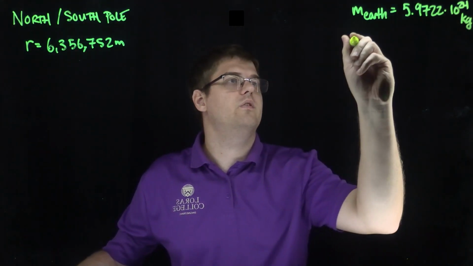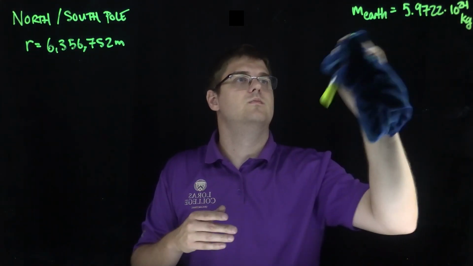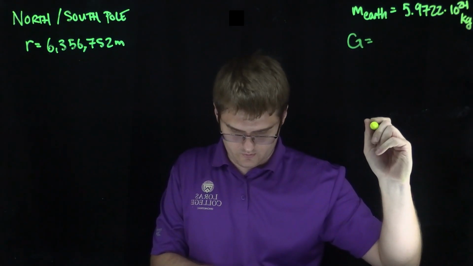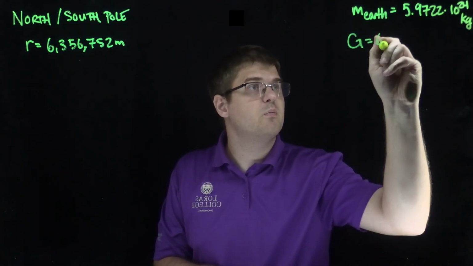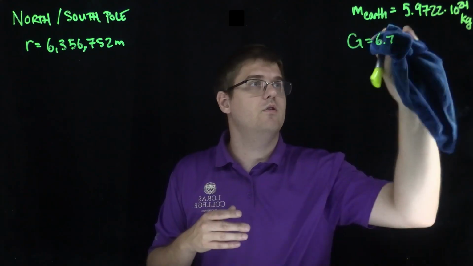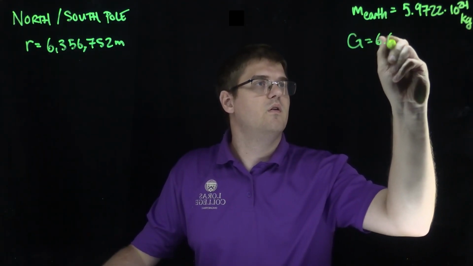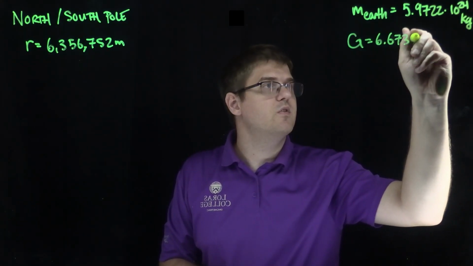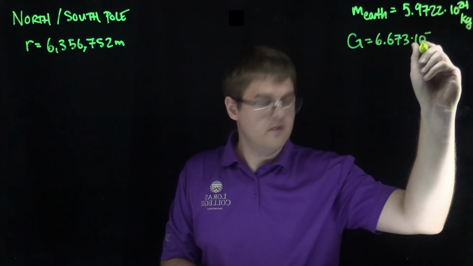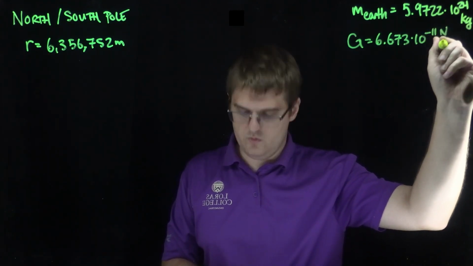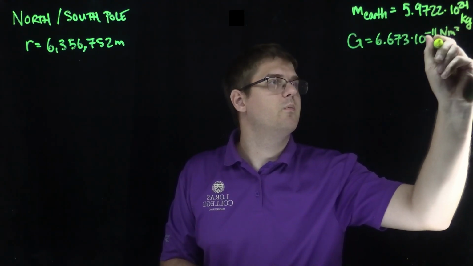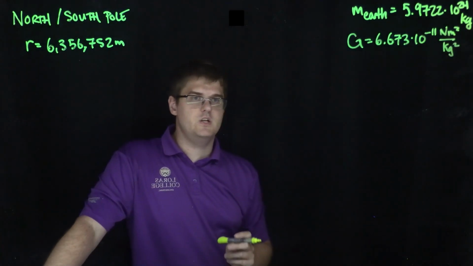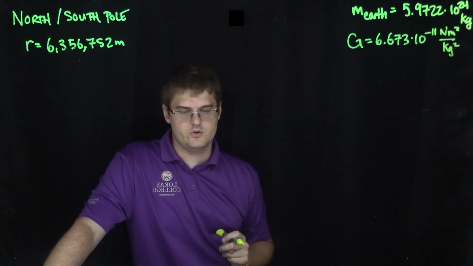And we do know the gravitational constant for all of our equations is going to be 6.673 times 10 to the negative 11th Newton meter squared per kilogram squared. So that is the big G to use instead of little g when you're using this version of gravity.